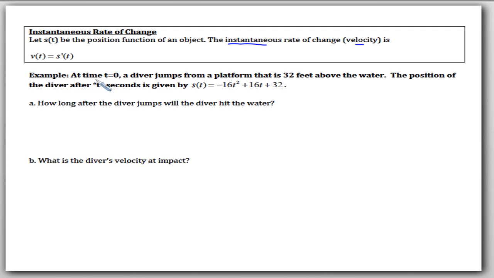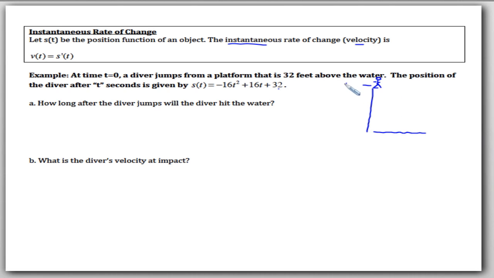So an example, at time t equals 0, a diver jumps from a platform that is 32 feet above the water. The position of the diver after t seconds is given by negative 16t squared plus 16t plus 32. The first question, how long after the diver jumps will the diver hit the water? So if we think about this, here's all the water down here. You got your little diver.